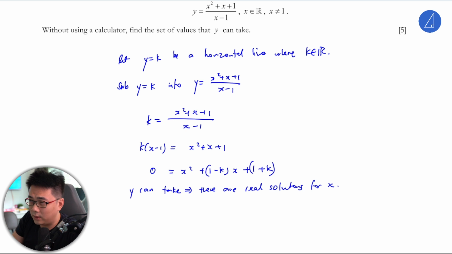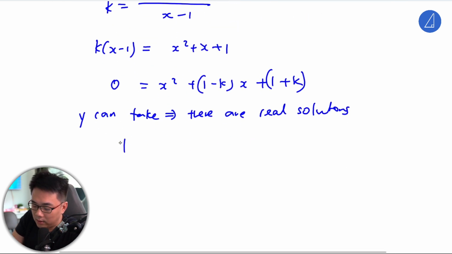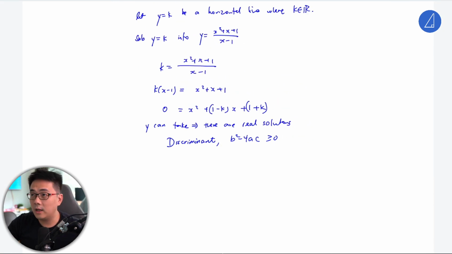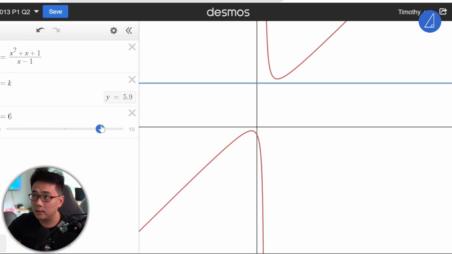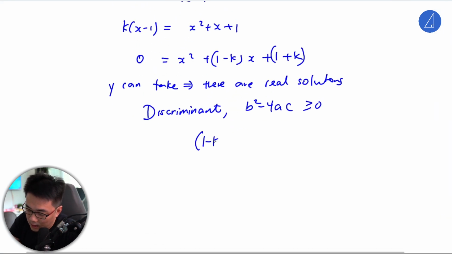So essentially, we know that the discriminant b squared minus 4ac would give real solutions. Real solutions just means that we have at least 0, right? So the horizontal line can actually cut it once or cut it twice. Okay, so there are these two junctures here. In this case, I'm going to put 1 minus k all squared minus 4 times 1 plus k.